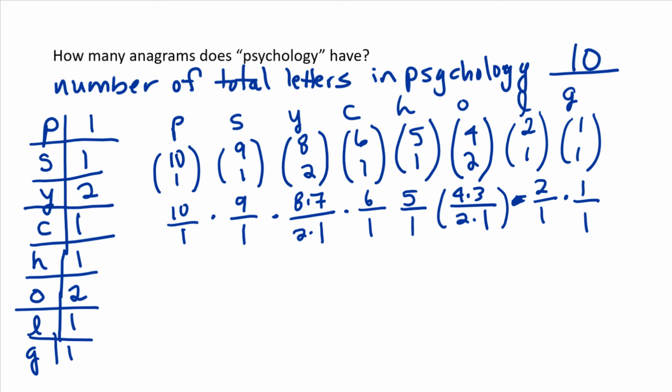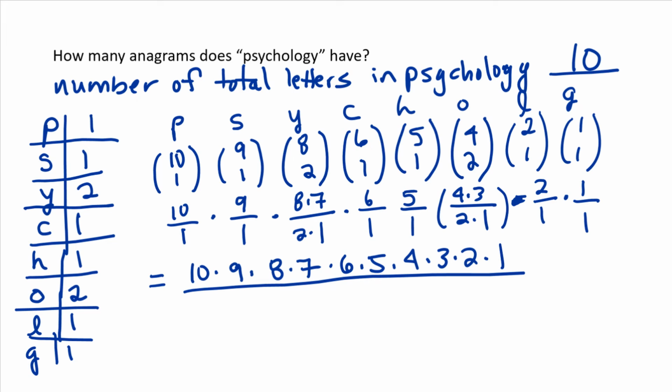Now let's expand this out a little bit. If we look at the numerator, we got 10 times 9 times 8 times 7 times 6 times 5 times 4 times 3 times 2 times 1. And in the denominator, ones don't really matter, but I do want to write we have a 2 times 1 and a 2 times 1.